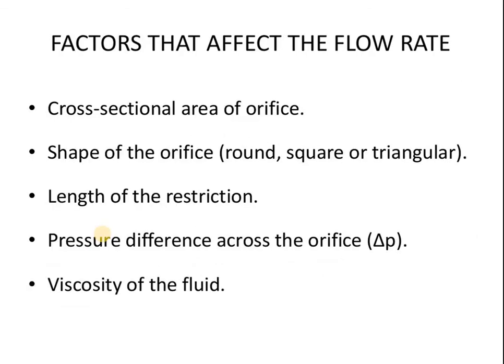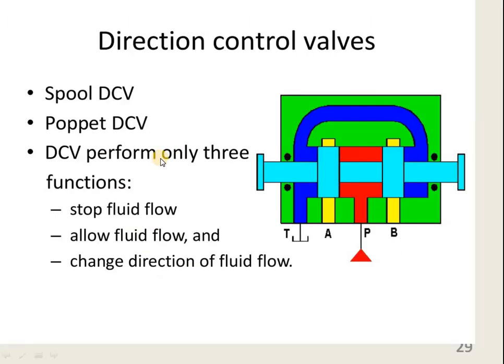The factors affecting the flow rate are the cross-sectional area of the orifice, shape of the orifice, that is round, square or triangular, length of the restriction, pressure difference across the orifice, and viscosity of the fluid.